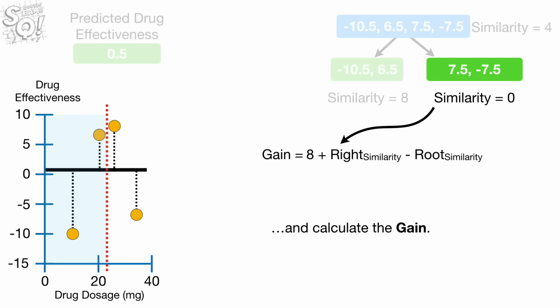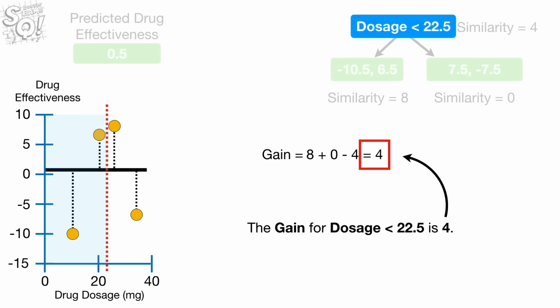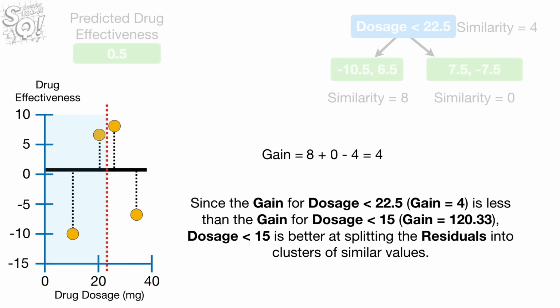The gain for dosage less than 22.5 is 4. Since the gain for dosage less than 22.5 is less than the gain for dosage less than 15, dosage less than 15 is better at splitting the residuals into clusters of similar values.